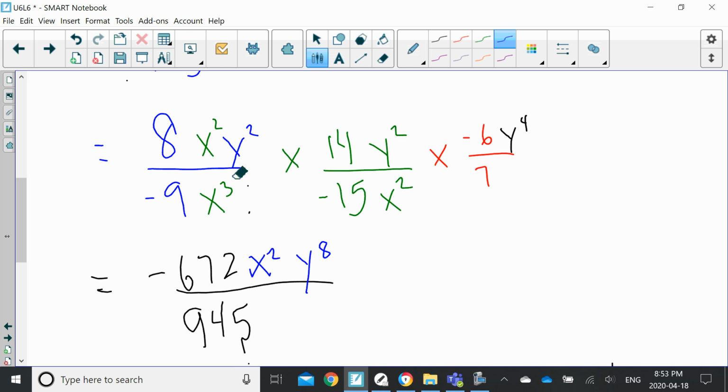In my denominator, I have x to the 3 and x to the 2, so they're being multiplied, so you add the exponents, that would be x to the 5. You need to reduce negative 672 over 945. If you type that into your calculator and hit math, one, fraction, that will reduce to negative 32 over 45.